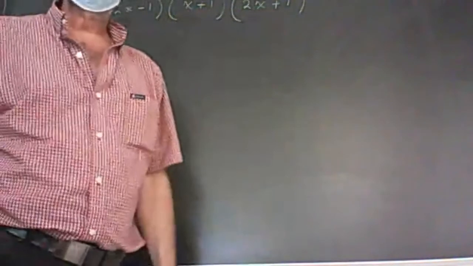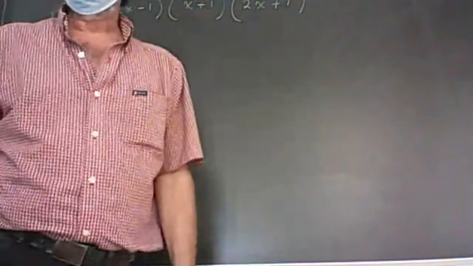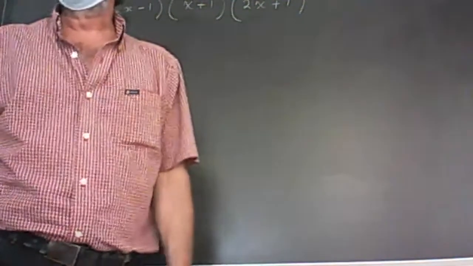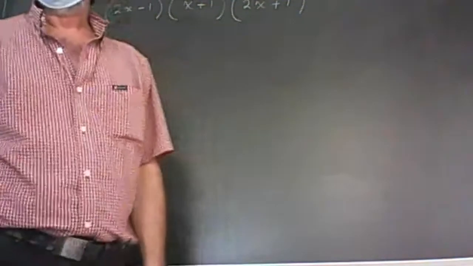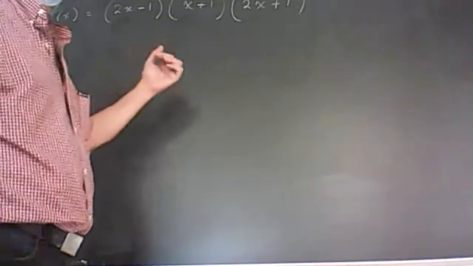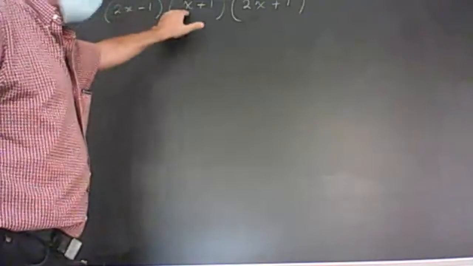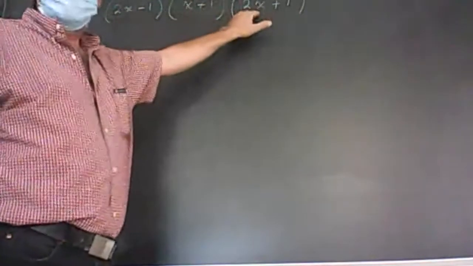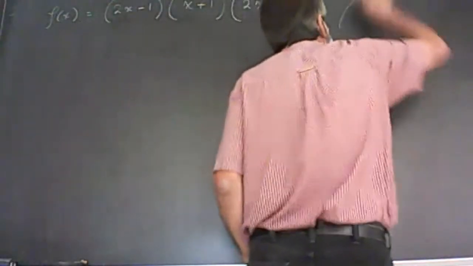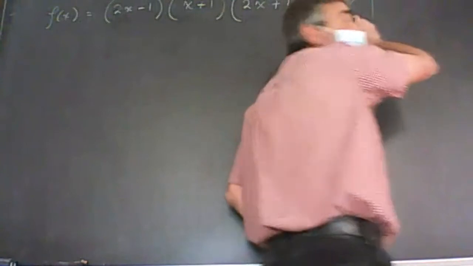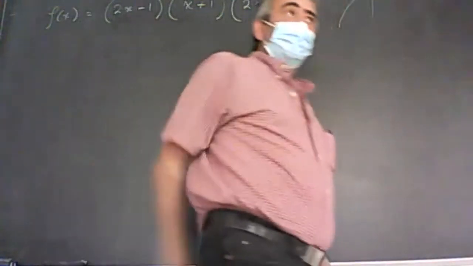Cube, so that's odd. 3 is cube. Yes? All right. Now the coefficient, is it positive or negative? Well, here we have a positive times positive times positive, so it's positive. So based on what we just did, the graph should look something like this. Comes down here, right? And it ends up there.